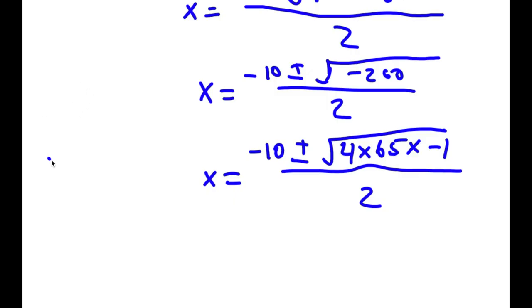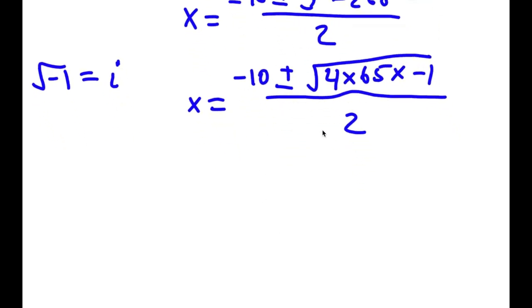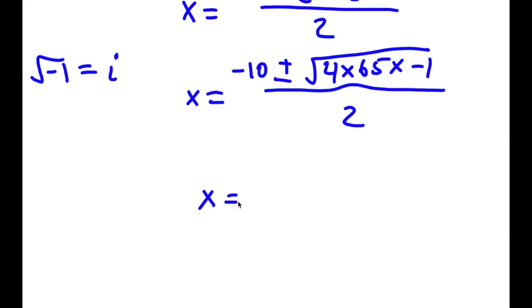Now, the square root of negative 1 is equal to i, which is the imaginary number. So now I have x is equal to negative 10 plus or minus.